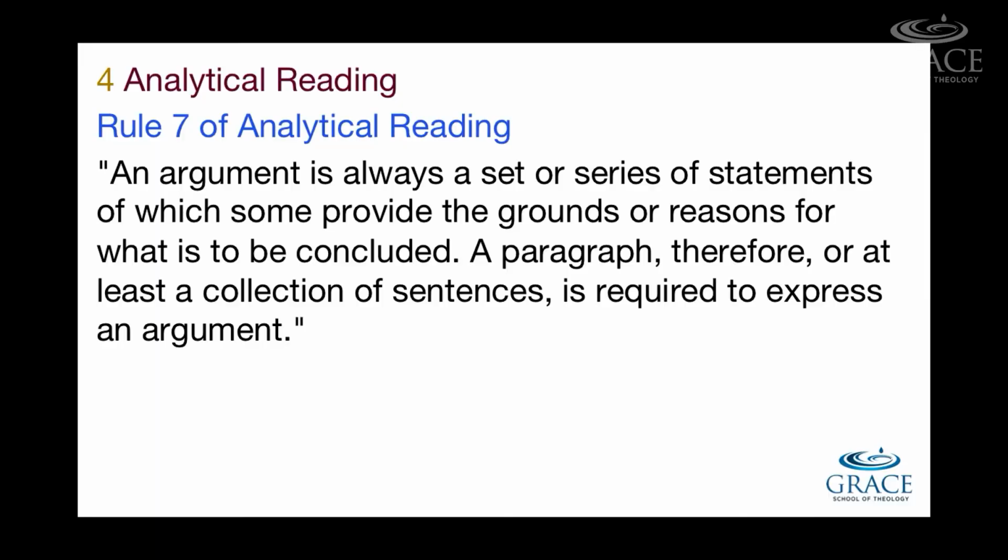An argument is always a set or series of statements of which some provide the grounds or reasons for what is to be concluded. A paragraph, therefore, or at least a collection of sentences, is required to express an argument. Again, a paragraph in well-written literature contains a central idea. It contains an argument. And so it's a good idea to study things on a paragraph level.